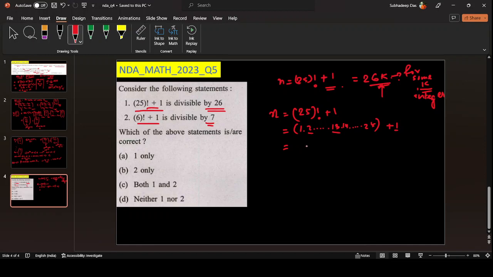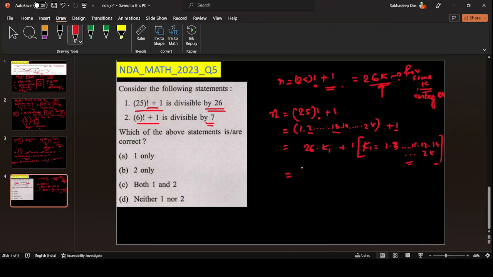So we can write it like 26 into some k1 plus 1, where k1 equals 1, 3, 11, 12, 14, up to 25. It is a huge positive integer, but that doesn't matter. We can consider it as a k.